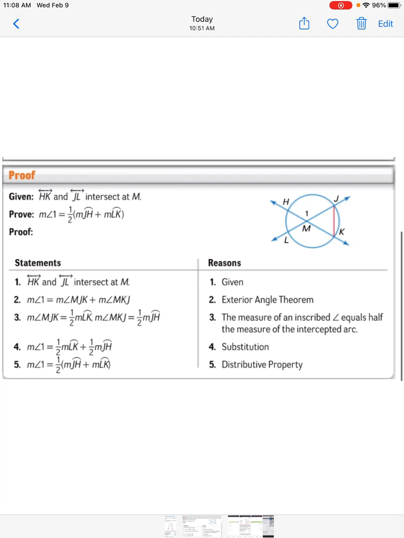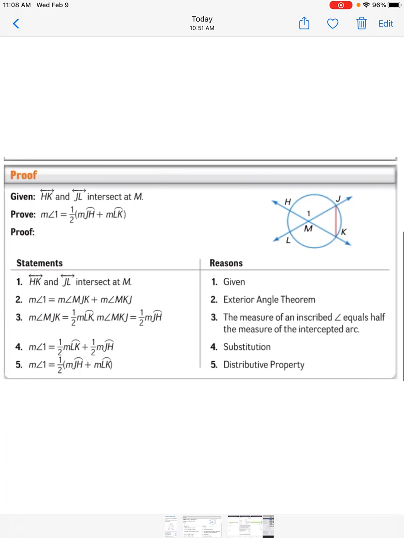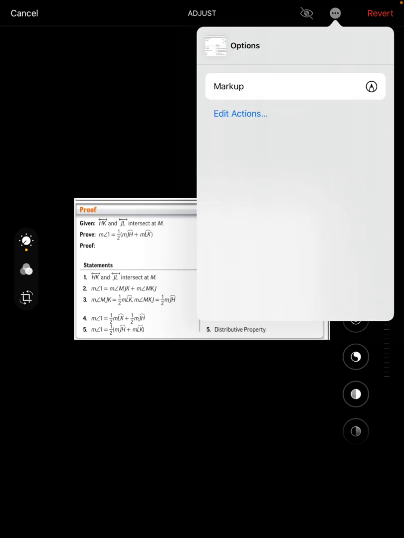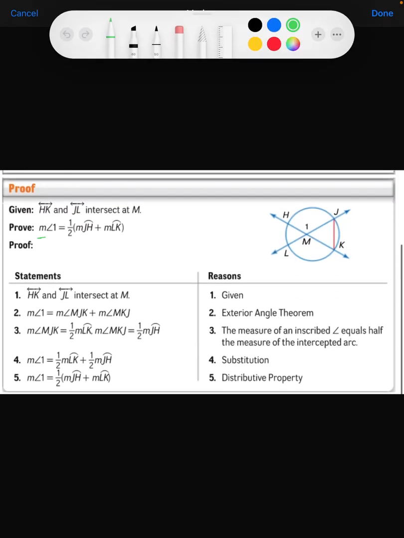Given HK and JL intersect at M, we want to prove that angle 1, the vertical angle, is equal to 1/2 of JH plus LK. First, we know that they intersect at M, that's our given.